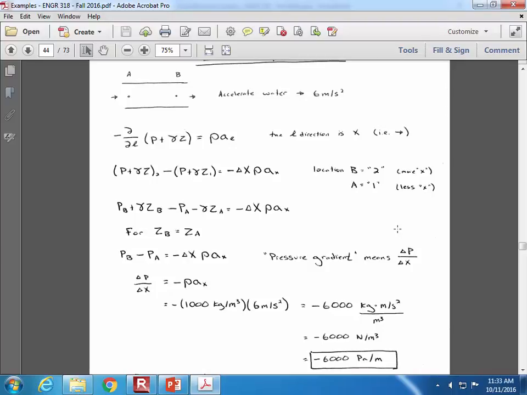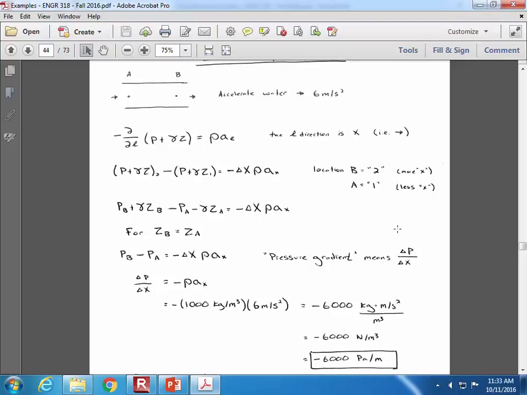So it's a unit of pressure. So as a gradient, that makes sense. We would expect the units of gradient to be pressure divided by distance, and that's what we have here. So as you move 1 meter through the pipe, the pressure is going to change by 6 kPa.